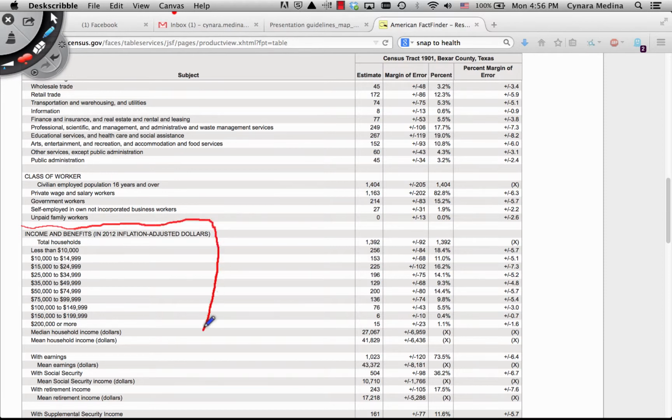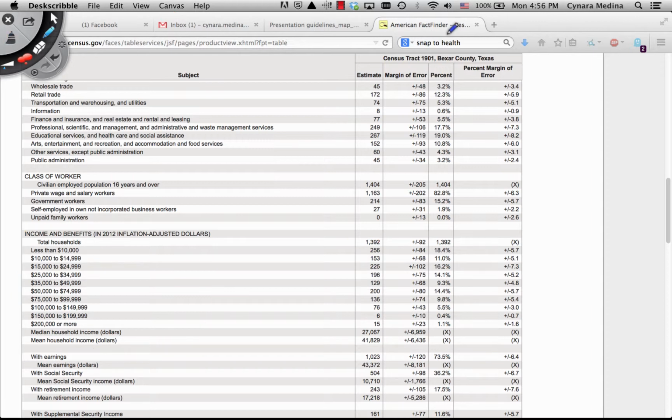This is what you need to focus on, because here's your median household income, and these are the numbers that you are going to need, because part of it asks you to calculate how many households are living under the poverty line, and that's determined by income. And the income, you will have to find what's known as the poverty threshold, which is a specific dollar amount, and if you made less than that, then you are considered to be under the poverty line.